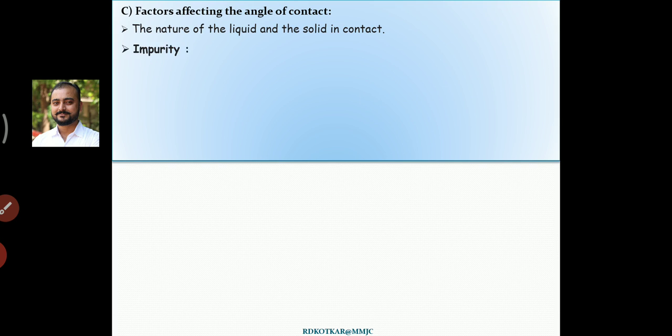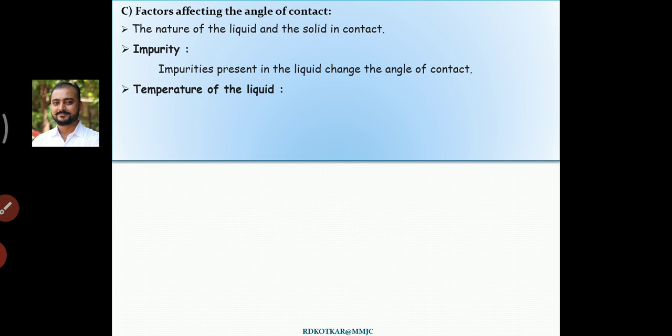Second thing, the impurity. What about the impurity? Impurities present in the liquid change the angle of contact. Let me use an example. A simple example: pure liquid, meaning pure water, is in contact with a solid surface such as glass.